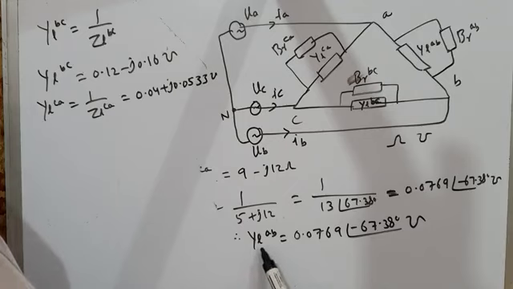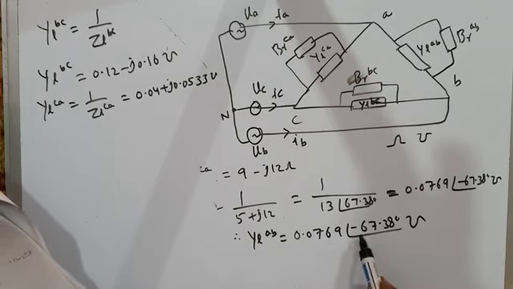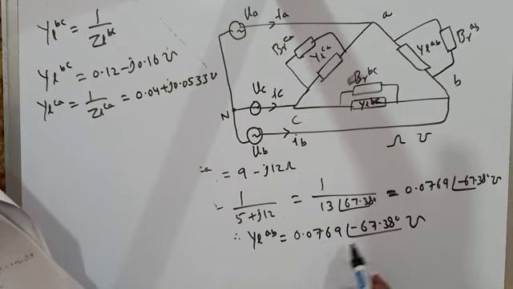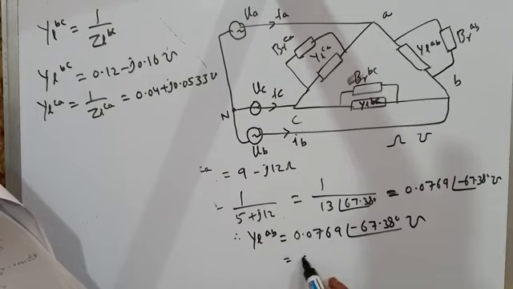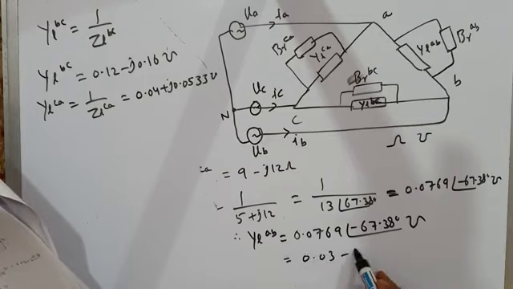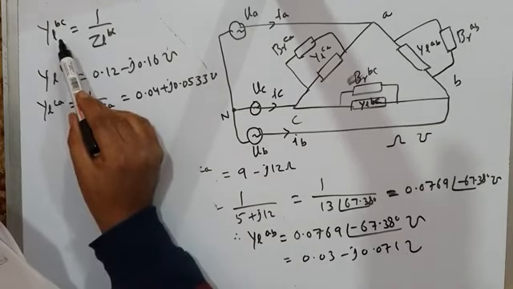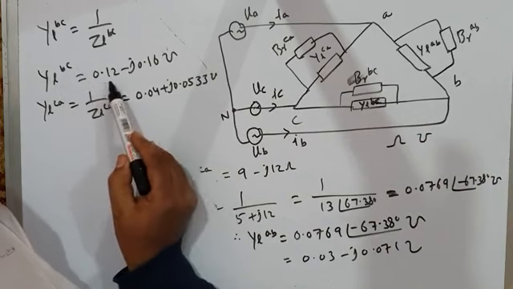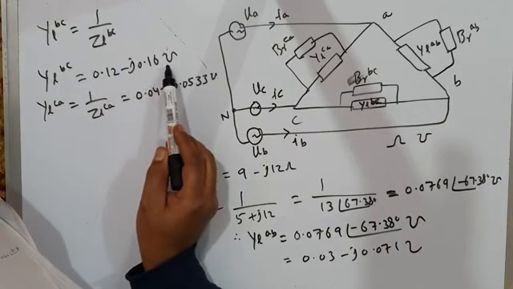The load admittance YLAB is 0.0769 at an angle of minus 67.38 degrees in polar form, and in rectangular form it is 0.03 minus J0.071 mho. YLBC, the load admittance of the BC branch, is 0.12 minus J0.16 mho.